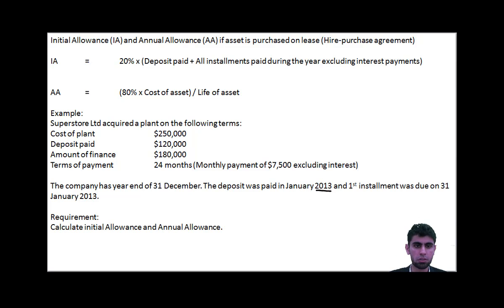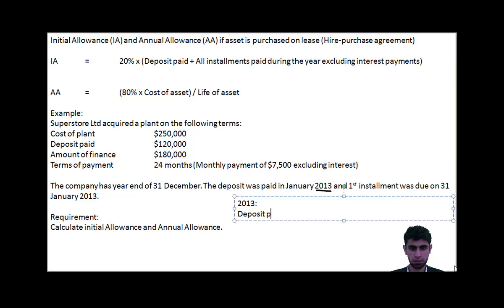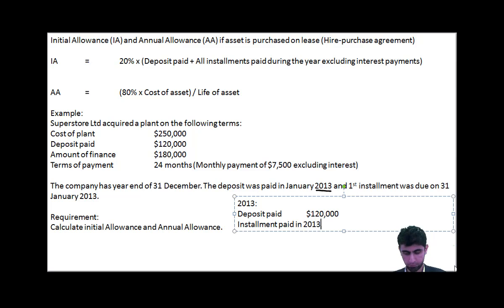So let's calculate now how much total payment has been made in the year 2013. First of all, deposit paid is 120,000. And how many installments were paid in 2013?